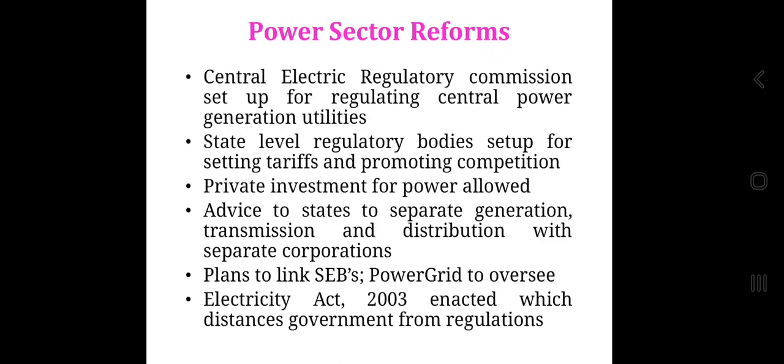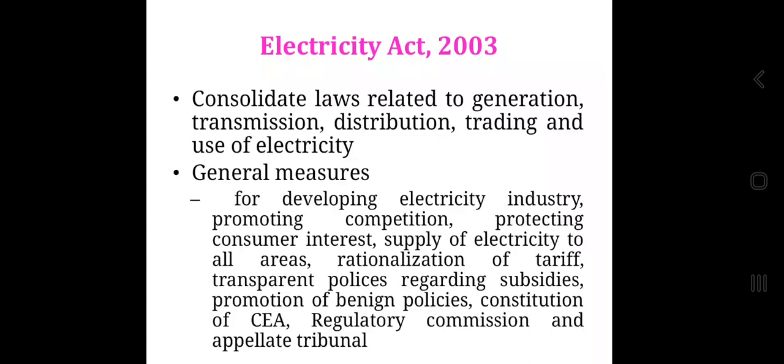Power sector reforms: the Central Electricity Regulatory Commission was set up for regulating central power generation and utilization, with state level regulatory bodies to promote competition. Private investment for power is allowed, and states are advised to separate generation, transmission and distribution into separate corporations. The Electricity Act 2003 was enacted, which distances government from regulations.